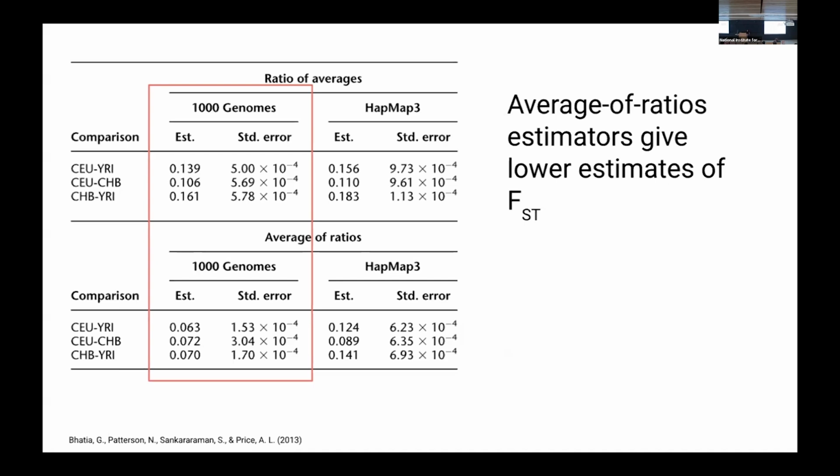This difference is not as pronounced when we look at data from HapMap3, because HapMap3 data is based mostly on common variants, but the difference is not negligible either.